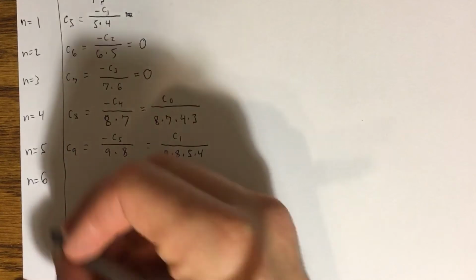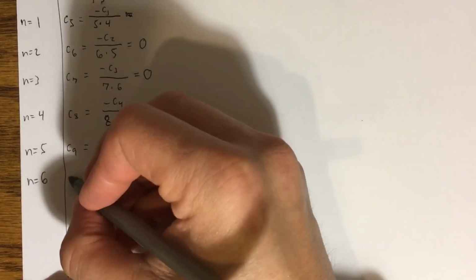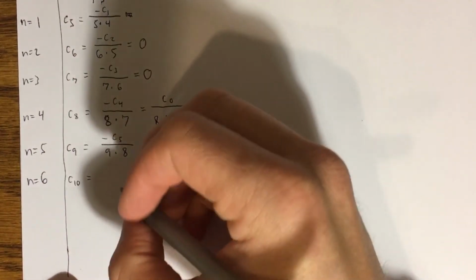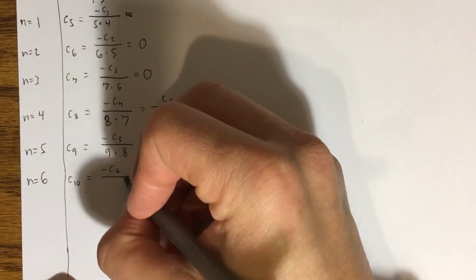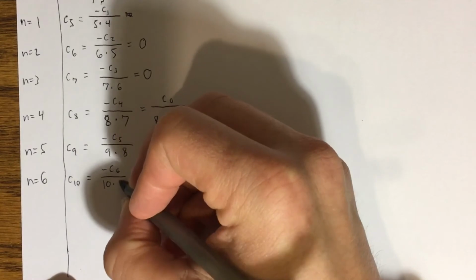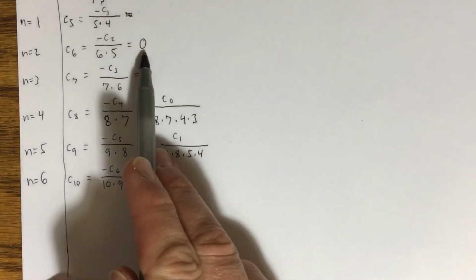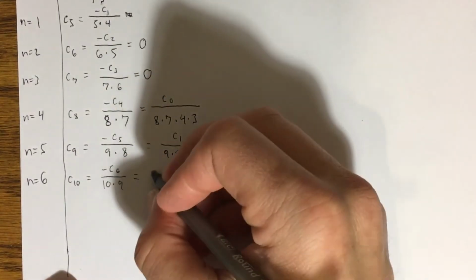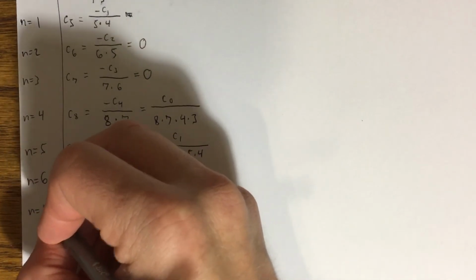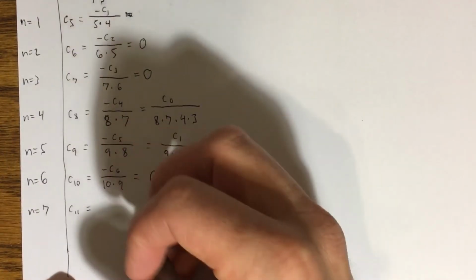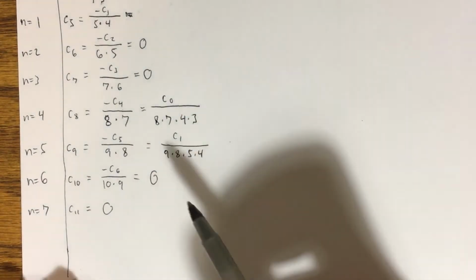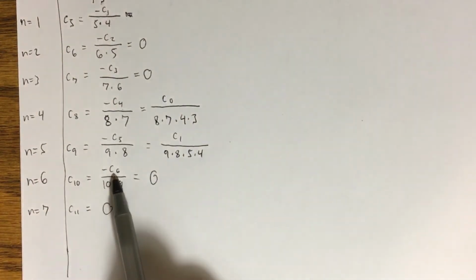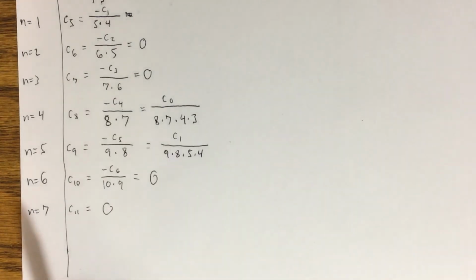In fact, I'm going to go all the way down to n equals 9 here. This is going to give me C10, which equals negative C6 over 10 times 9. C6 we found was equal to 0, so this whole thing goes to 0. We can also say that C11 will go to 0, because when I plug that into my recurrence relation, I get a C7 up here, which was equal to 0 as well.